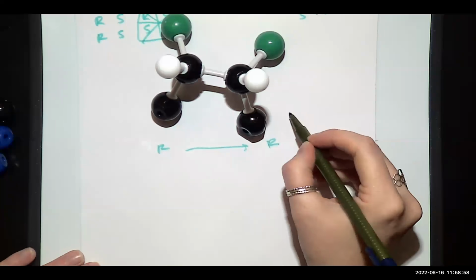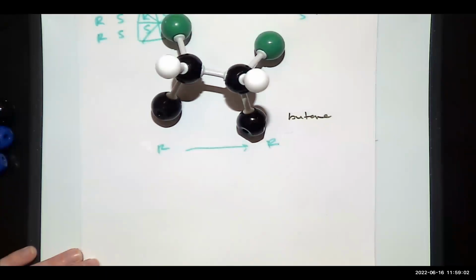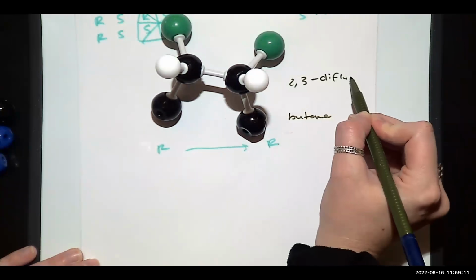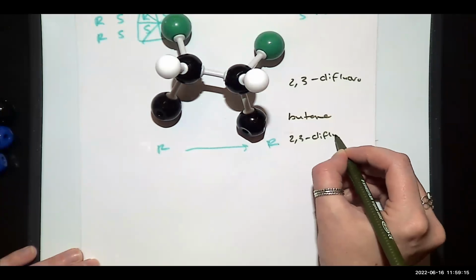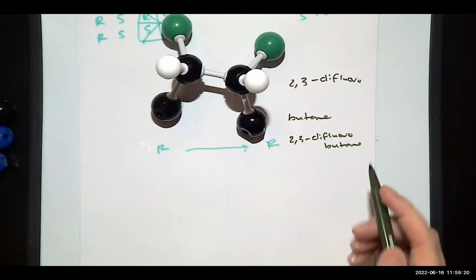Parent chain is butane. And then let's say those are fluoros. What position are those fluoros at? 2 and 3. Difluoro. So this molecule would be 2,3-difluorobutane. No space between. I just ran out of space on here.